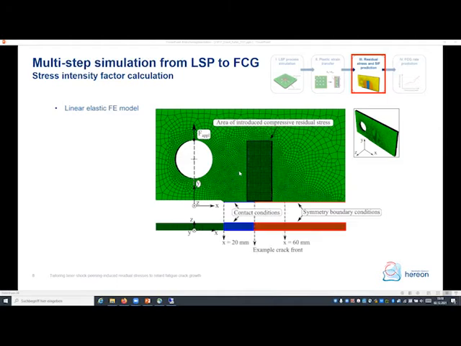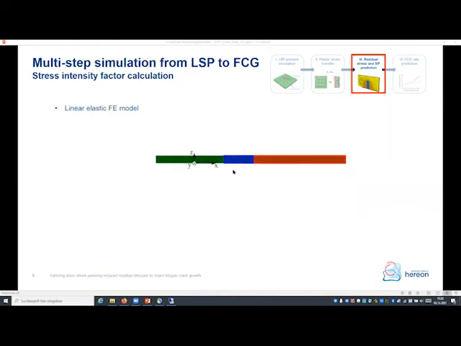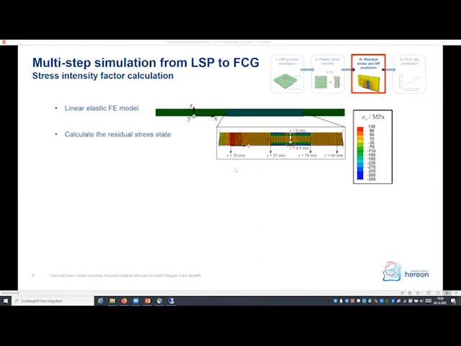So I model the half of the CT specimen, and in the symmetry line, I apply symmetry boundary conditions. And when the crack grows, then I replace the symmetry boundary conditions with contact conditions, which simulates crack face contact. And now I can calculate the residual stresses in the specimen, as I explained, by raising the temperature and having the thermal strains, and I get the residual stress distribution, which agrees with the experiment, which looks like that when I look at the symmetry plane.